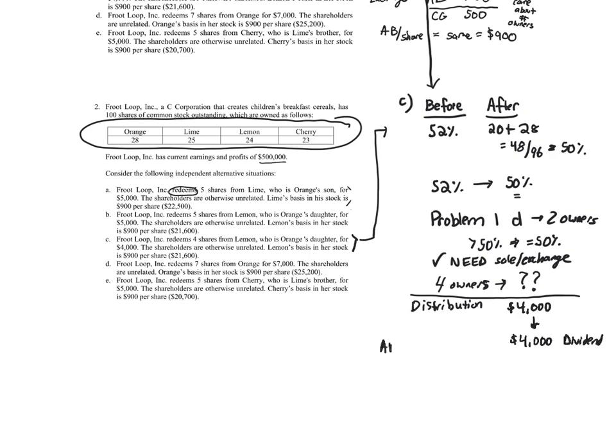The adjusted basis changes per share. It's going to equal the 21,600 divided by the new number of shares. There's now 20 shares. What's 21,600 divided by 20? 1,080. 1,080.